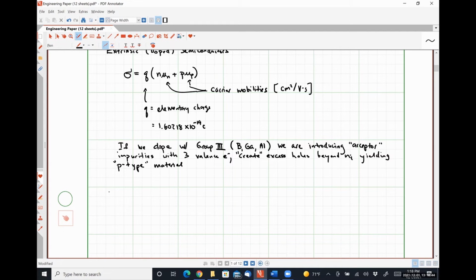Because it may not be intuitively obvious why putting in an atom with 3 valence electrons winds up giving us holes. Okay, and the reason why I say it's not necessarily intuitively obvious is because our crystal, even if we dope it, is still electrically neutral, right?